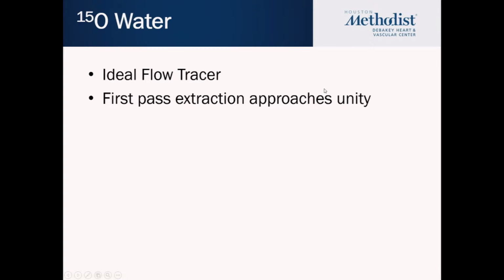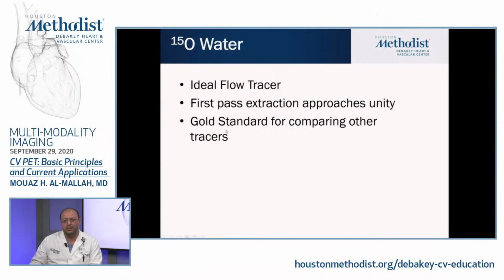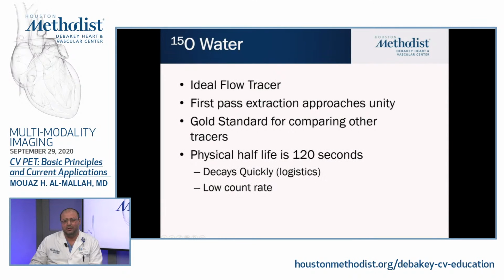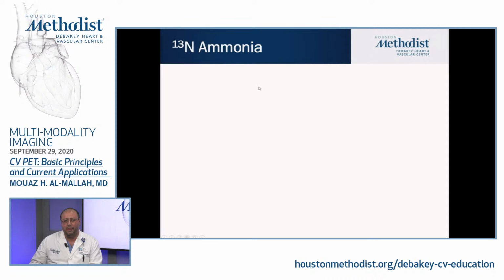As I showed you before, it is almost linear in terms of uptake. It is also the gold standard for comparing with other tracers, especially in the roll-off range. Also, its half-life is 120 seconds, so it decays quickly, and it very quickly redistributes because it's water. So that's why you cannot do more than just flow imaging.